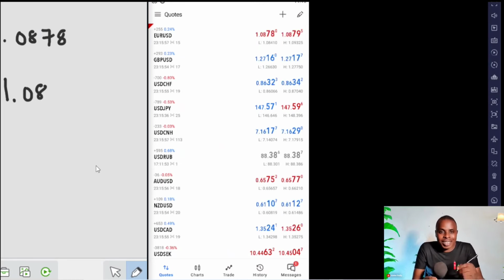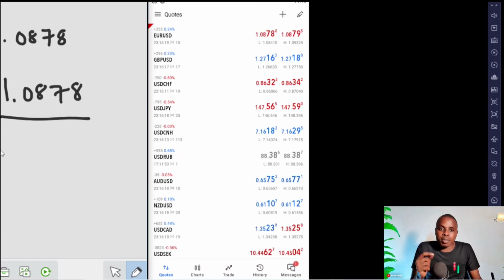But as a trader, you have another two numbers that come after that, in this case, 78. So why is this number important? This is the smallest number that the currency pair makes, and we can make money from these last numbers. So a pip is the smallest movement that a currency pair can make.